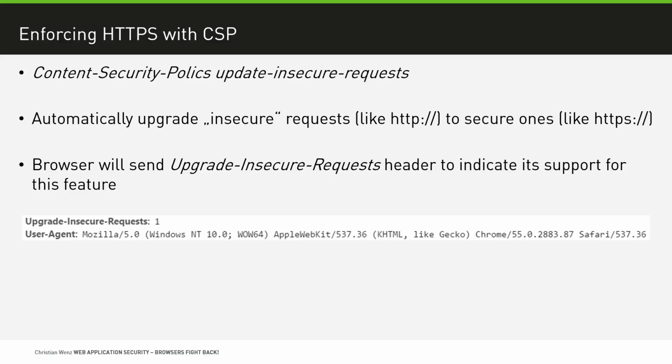So that's pretty nice. The browser will then also send an HTTP header, Upgrade-Insecure-Requests: 1, in order to provide us with support here. That's a nice feature, and I would take this as an additional measure. However, I'm more convinced by HSTS because it's the more generic solution, and also the preload list feature I think is pretty amazing here.